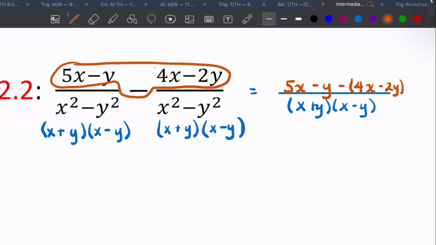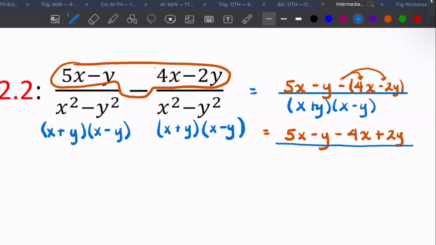Okay, so what needs to happen here: when it's a subtraction problem, we're not going to forget to distribute our negative to both terms, okay? Right, so when it's a subtraction problem, we are going to have to distribute that negative through.